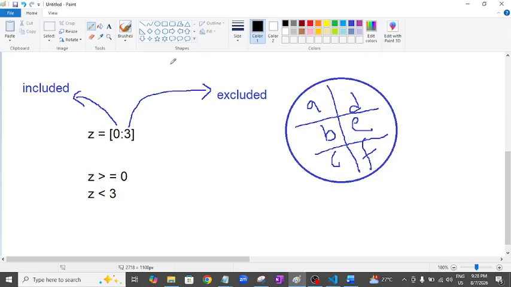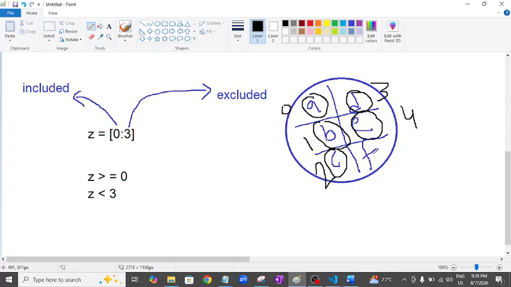We are not here for drawing classes. A is nothing but 0, B is nothing but 1, C is nothing but 2, D is nothing but 3, E is nothing but 4, F is nothing but at seat number 5.